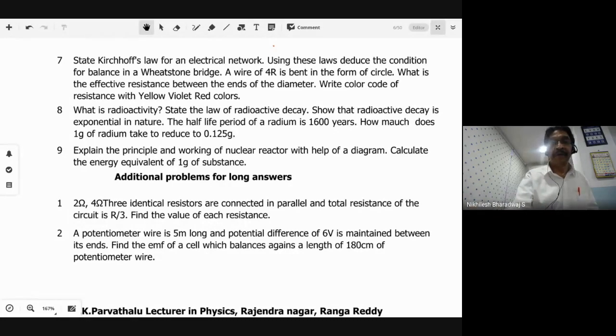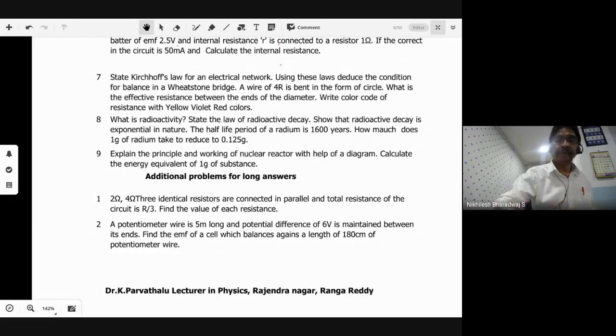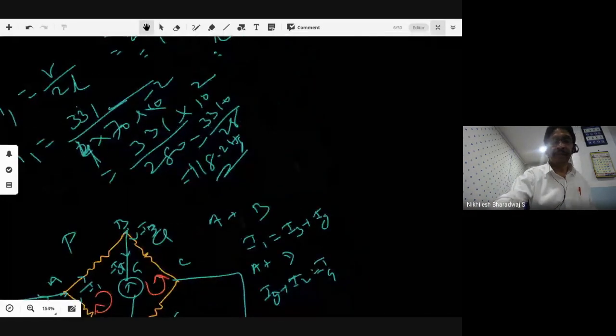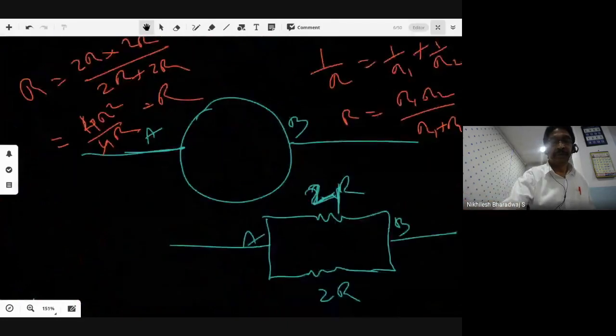Okay, we'll do it. As you know, N is equal to N0 into e to the power of minus lambda t, which you are going to derive. Practice it.